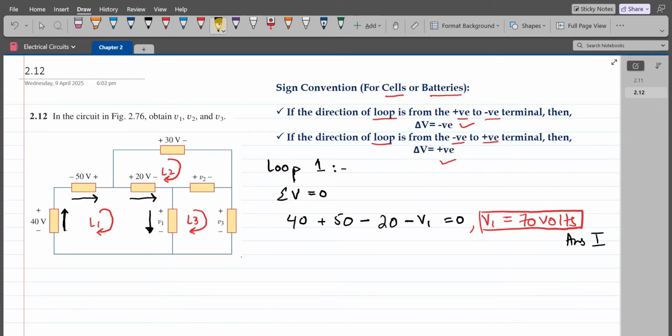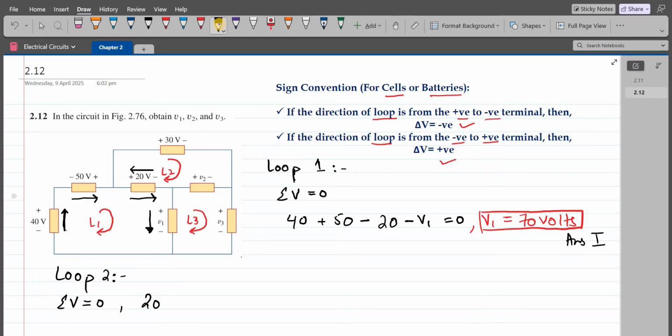Now for V2, we have to consider the loop 2. So applying the KVL, we have the algebraic sum of potential differences in a closed loop is 0. I want you to consider the movement of loop L2. As the loop is moving in the clockwise direction, it is moving from the negative to the positive terminal. So these 20 volts, according to the sign convention, will be taken as positive.